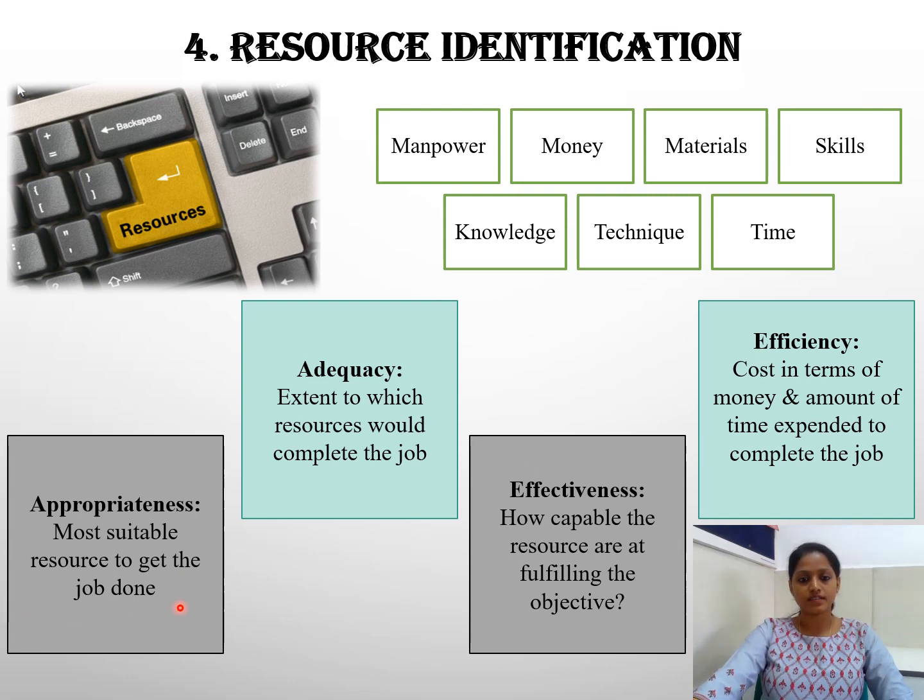Appropriateness is one criteria. It is the most suitable resource to get the job done. Adequacy, the extent to which resources would complete the job. Effectiveness, how capable the resources are at fulfilling the objective. Efficiency, it costs in terms of money and amount of time expended to complete the job.